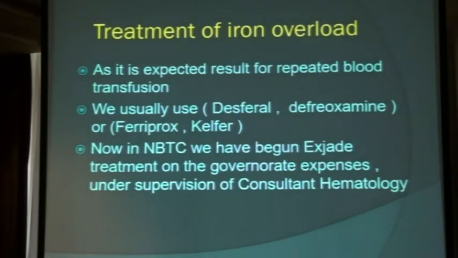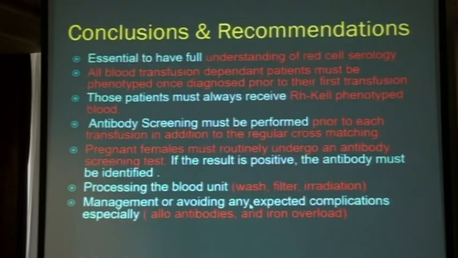Treatment of iron overload, which is expected with repeated blood transfusion: we usually use Desferal and Exjade. Now in NBTC, we have begun this treatment at government expense under the supervision of a consultant hematologist.